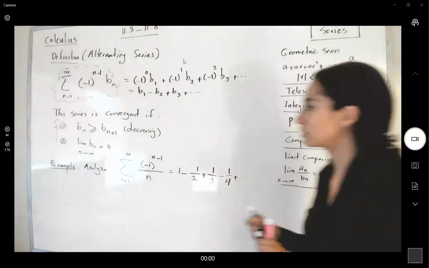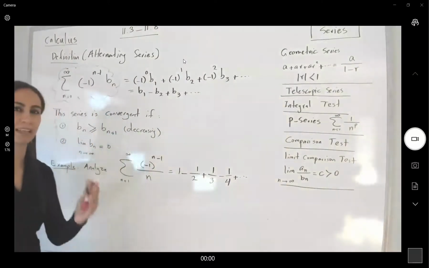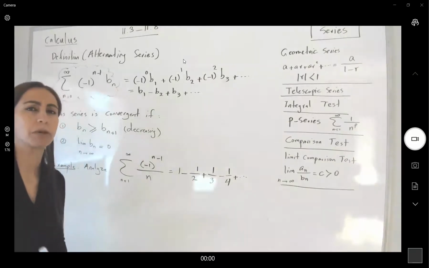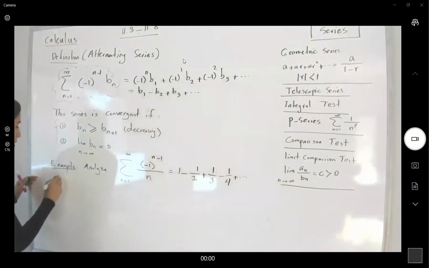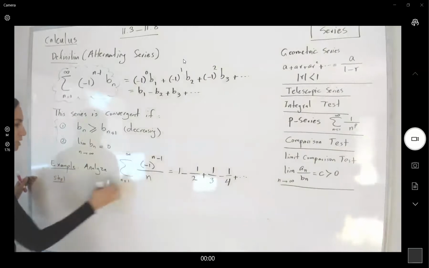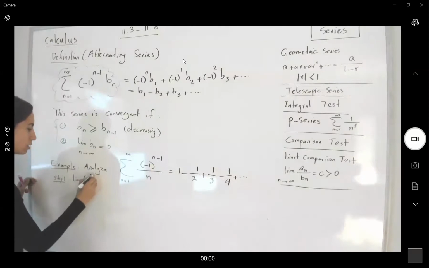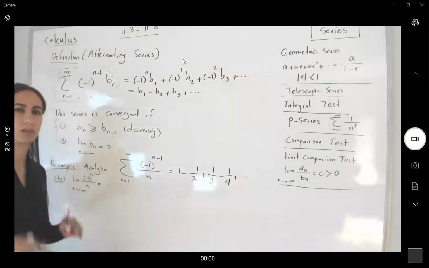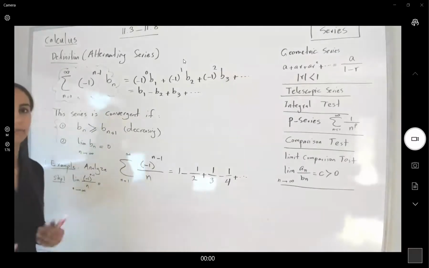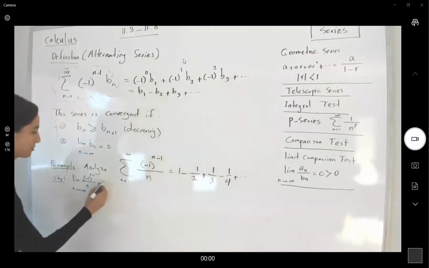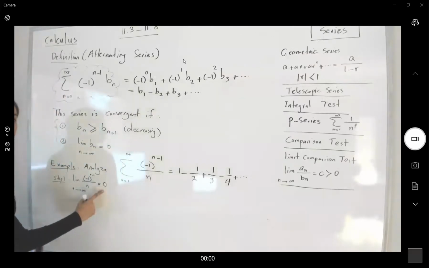Is it divergent? Remember that when you're analyzing your series, always do the first step. Step 1, the limit of the general term must be equal to 0. Always check this condition. Sometimes you're lucky and that limit is not equal to 0, and you can just say at the beginning, hey, the series is not convergent. So since this is equal to 0, we can move on to the next step.